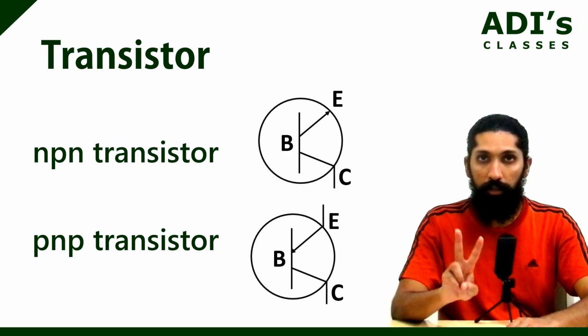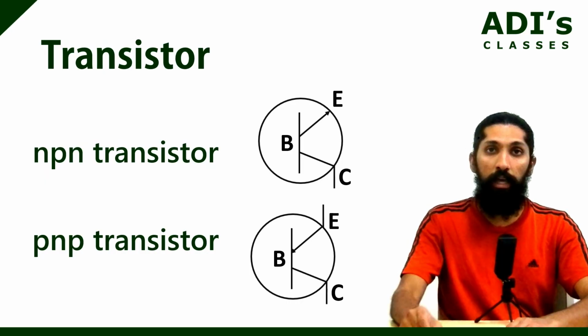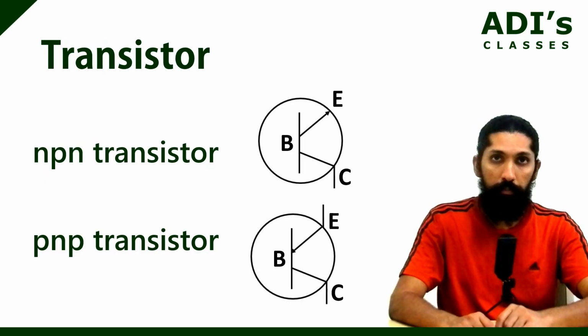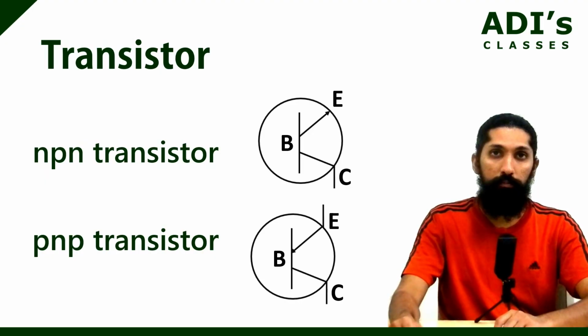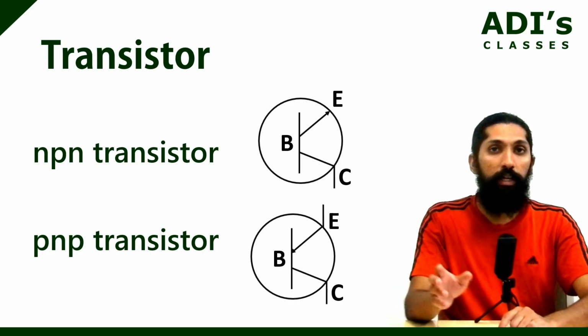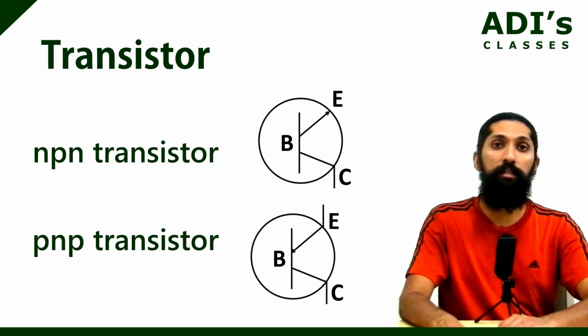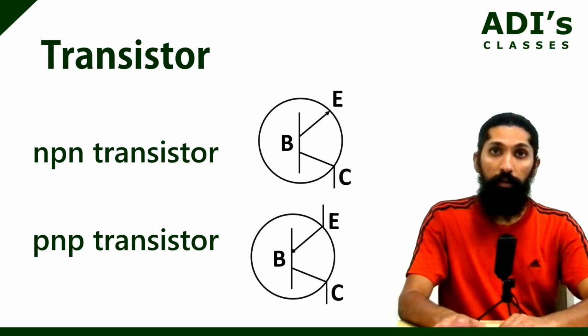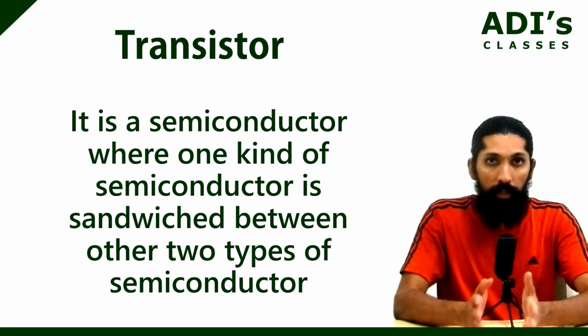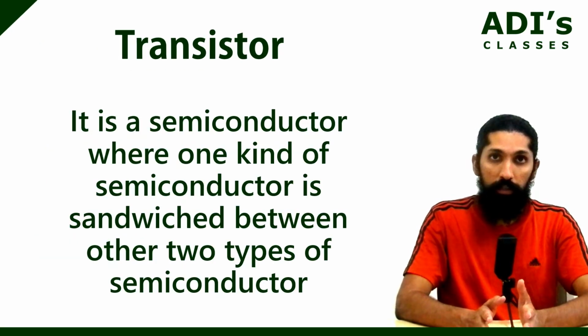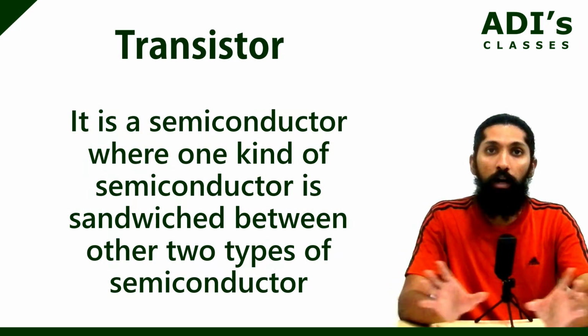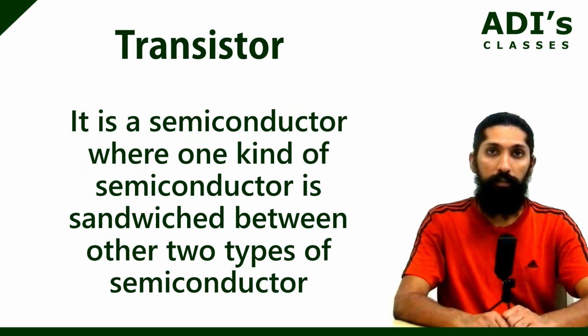See, in transistor there are two types. One is NPN, look at the symbol, and PNP, which is this one. So, we can say that a transistor is a semiconductor where one type of semiconductor is sandwiched between two other types of semiconductors. Correct?